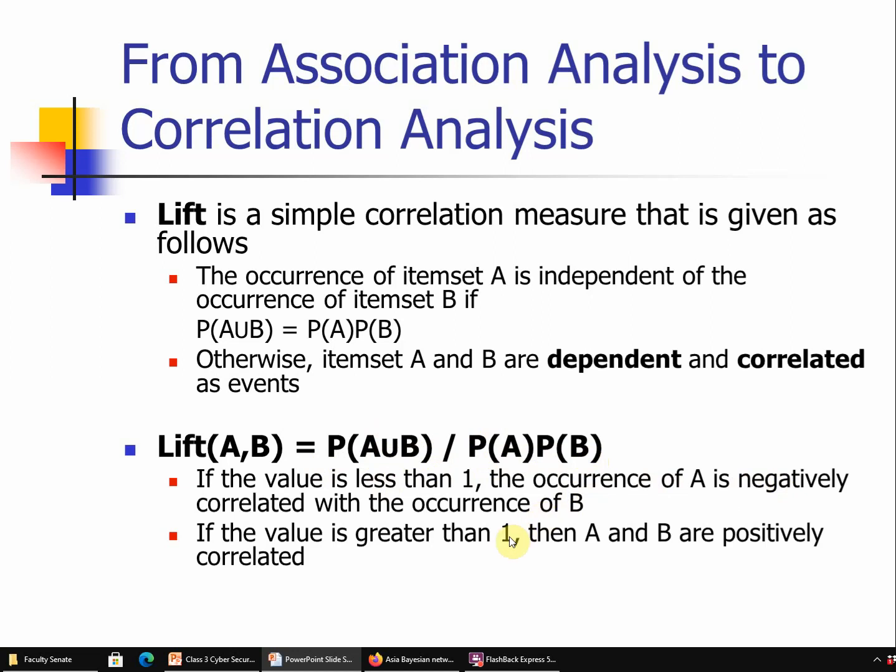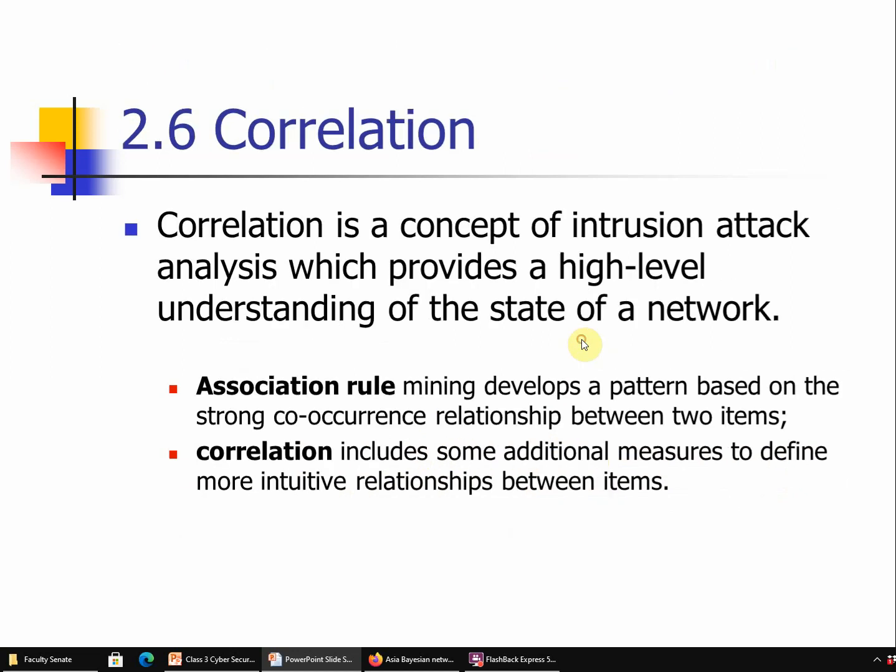If it is greater than 1, that means they actually have some correlation. This is what the proposal discusses in 2.6, the correlation. So combining the association rules with the correlation is actually a more solid way to analyze the problems, and this can totally be used in the cybersecurity area.